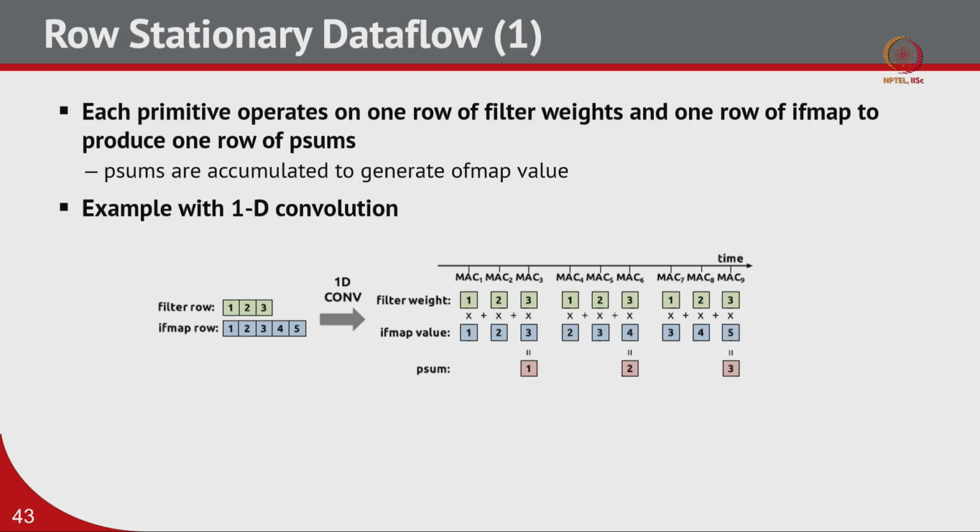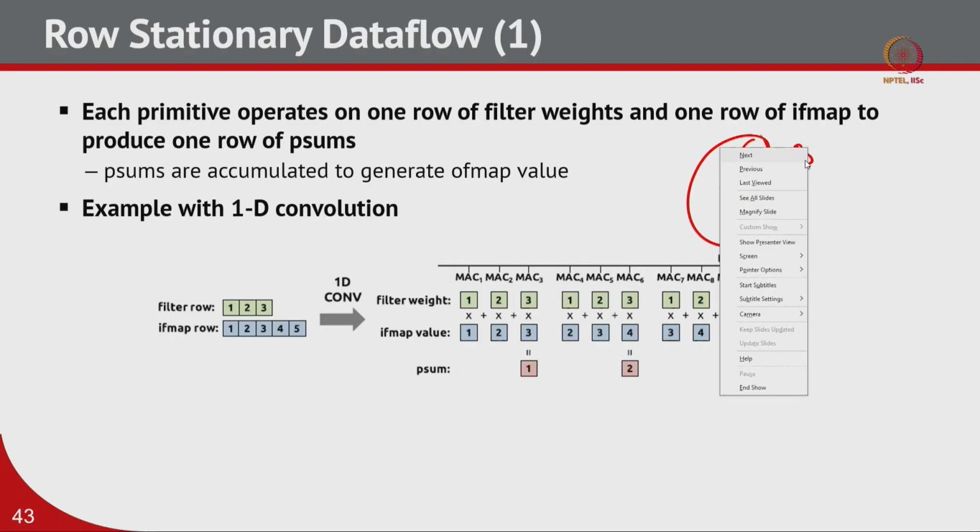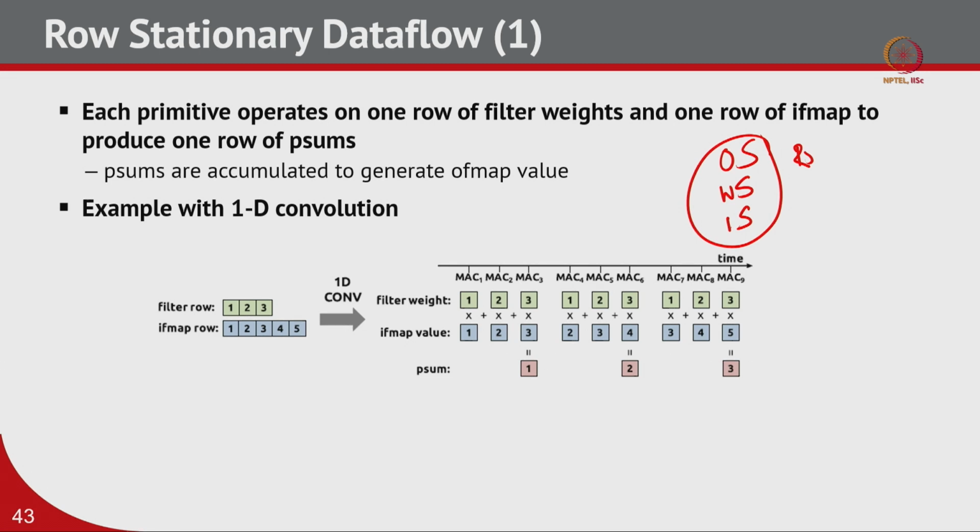Earlier we talked about output stationary, weight stationary, and input stationary data flow. Now, Eyeriss proposed row stationary data flow, where they try to compute one row of output feature map at one go.